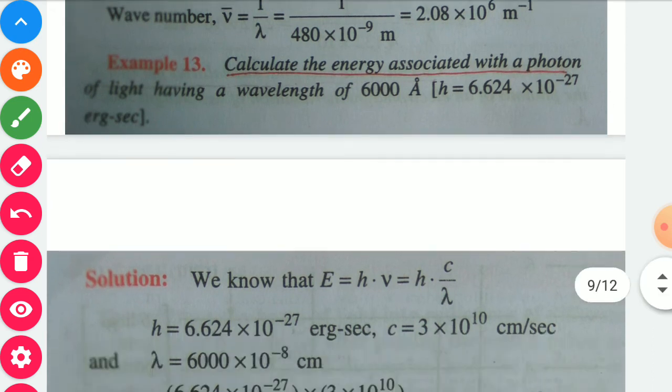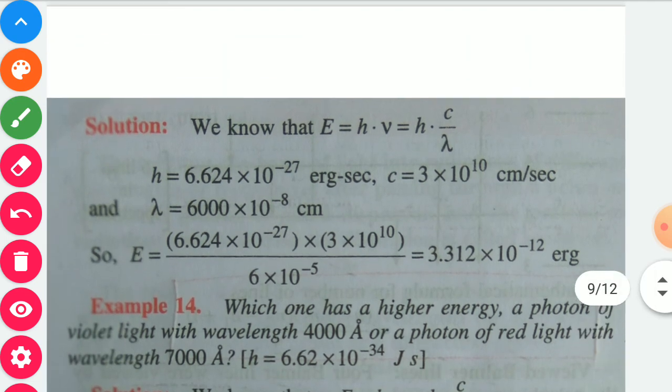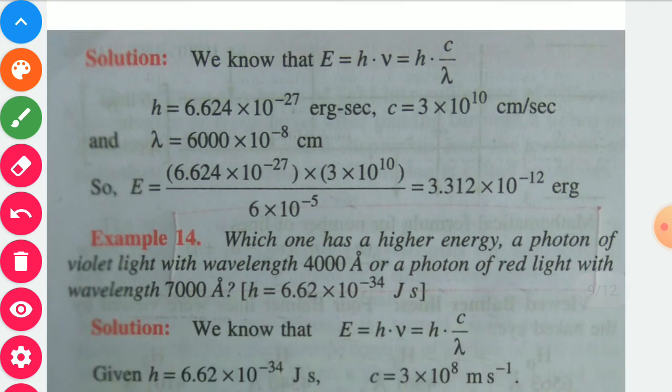So at the place of lambda we have to write 6 into 10 to the power minus 5 centimeter. On solving it will be 3.312 into 10 power minus 12 erg. So energy will be 3.312 into 10 power minus 12 erg.